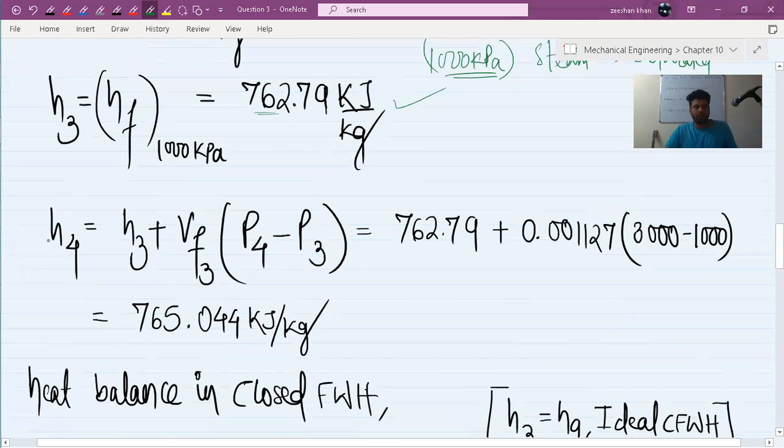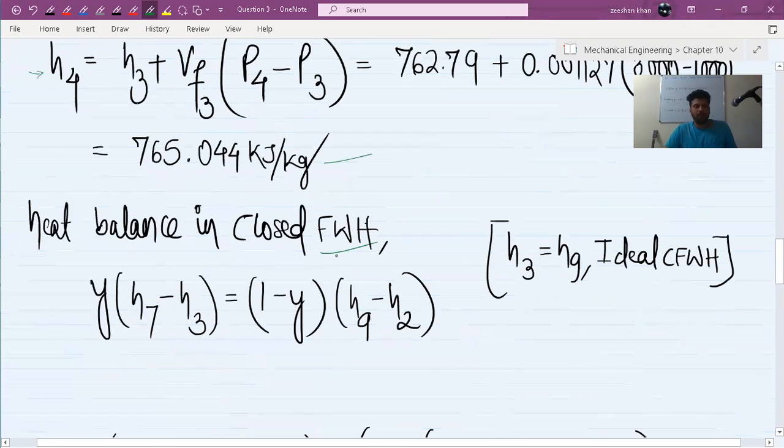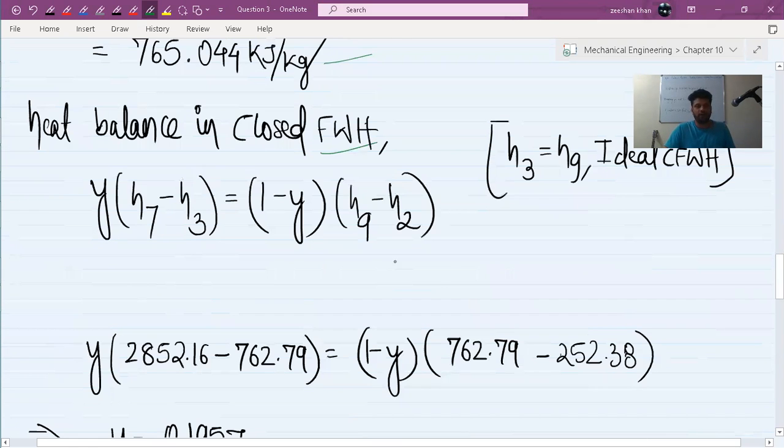7. H4, the same formula. H4 is equal to h3 plus vf3 into p4 minus p3, comes out to be 765. Now we are going to apply heat balance in the closed feed water heater to find the value of y. Y is what we're looking for, the amount of steam extracted.